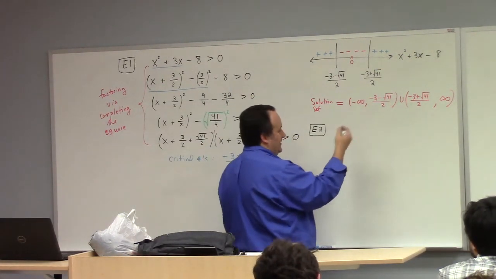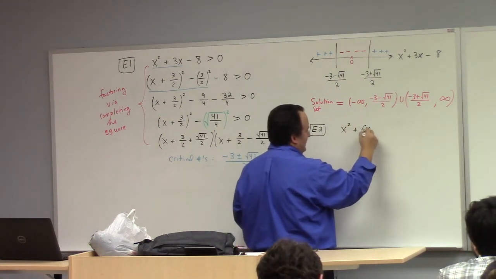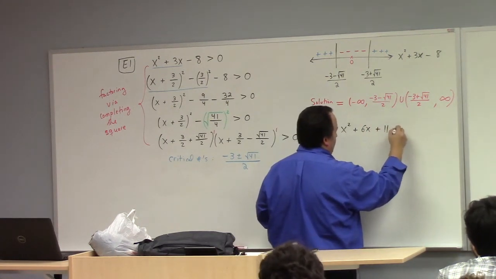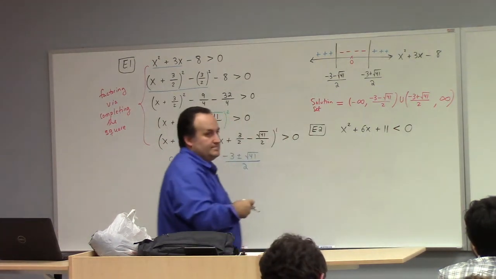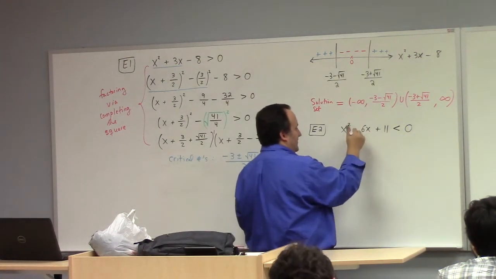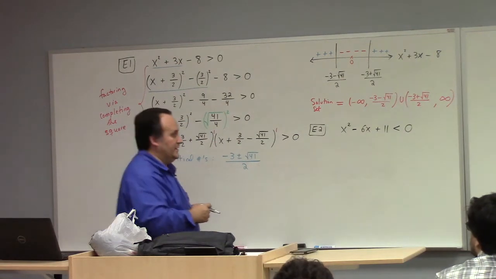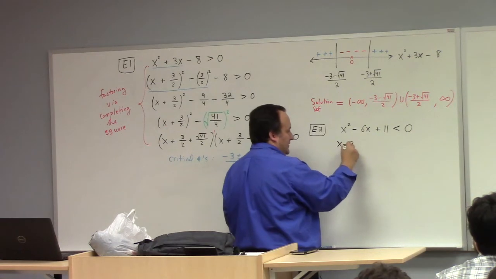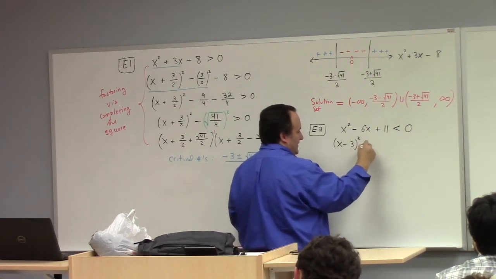But here's something we could try on for size. x squared plus 6x, I don't know, plus 11, less than 0. And let me make it a minus 6x just to make it more, well, maybe we can solve it, right? So we complete the square. I have x minus 3 squared. I have to subtract the square of 3, which is 9.